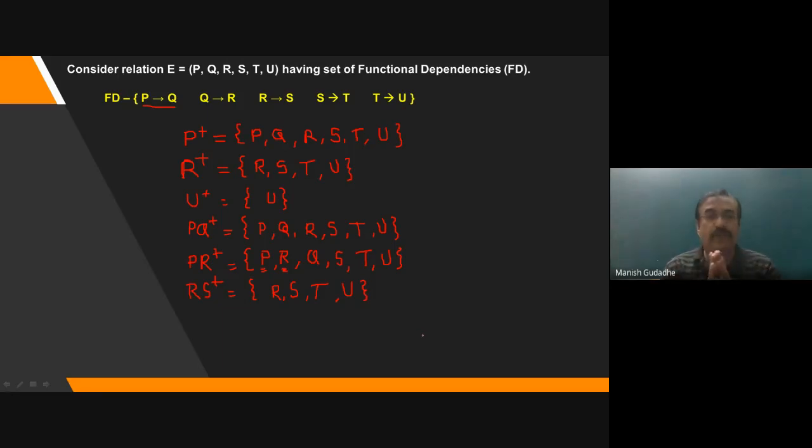Now, why we are doing all these things? Why we are finding out the closure of every combination of these attributes? There are a number of combinations possible. With keeping Q as constant, Q, R, S, T, U can be changed, and we can get a number of combinations possible.